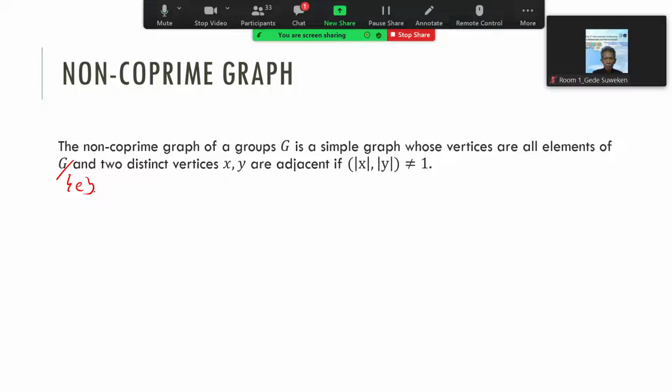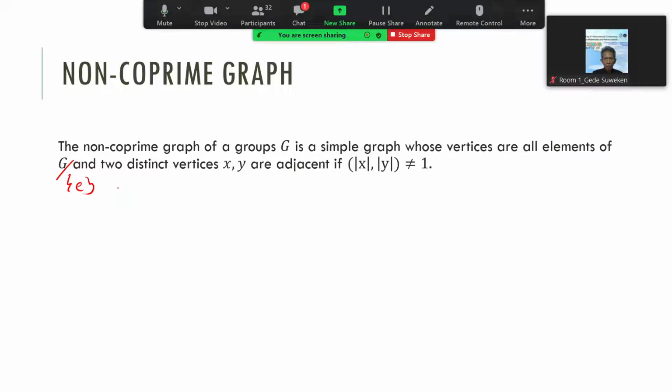Why do we dismiss E? Because in the coprime graph, E is always connected to other elements. In the non-coprime graph, of course, E cannot be adjacent to any other vertices in G. In the identity graph, we give the definition that E is always adjacent with other elements.